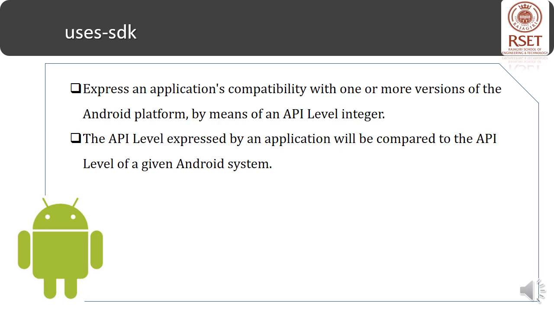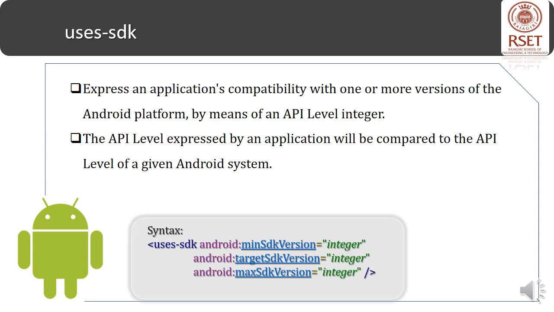Now, the syntax of uses SDK in the manifest file looks like this, where you can see three attributes. One is minSdkVersion, which is assigned an integer value. Then targetSdkVersion, which is again assigned another integer value, and maxSdkVersion.